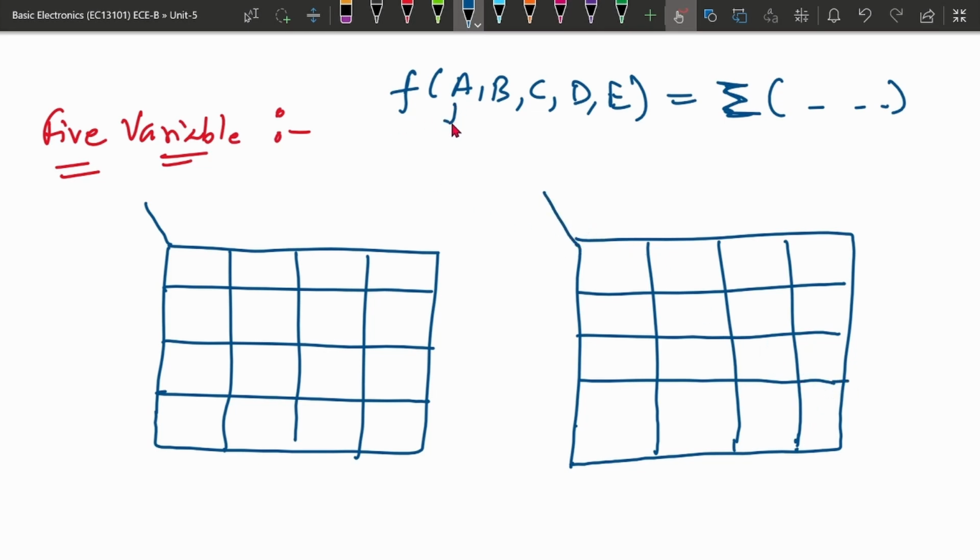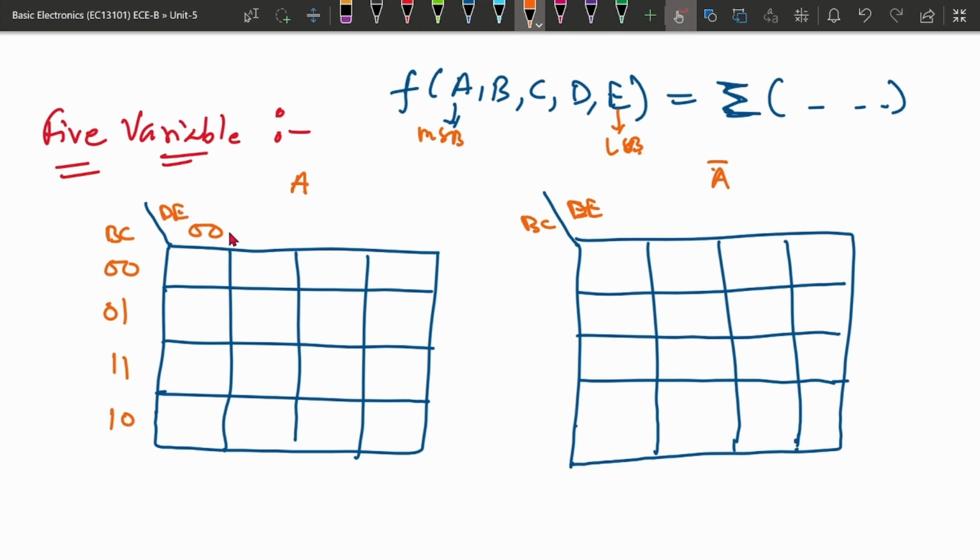So this was the MSB and this is the LSB. Whatever is the MSB or either term, you can take. Suppose this one is indicating A bar. Then we have to consider BC here and DE here. For different BC combinations, it is 00, 01, 11, 10.